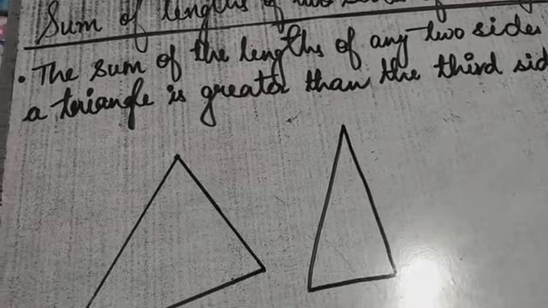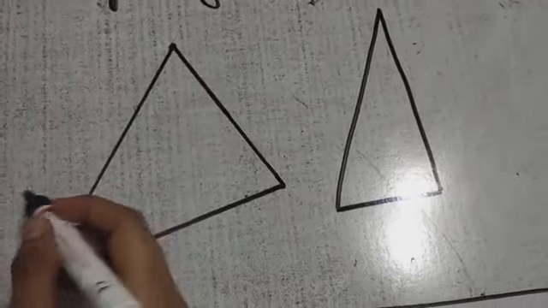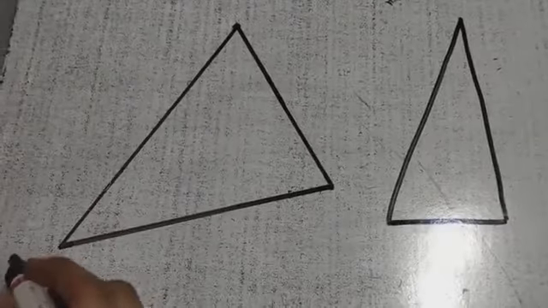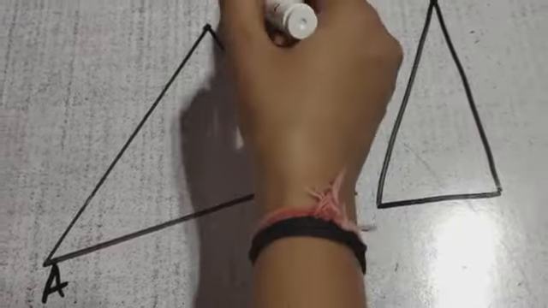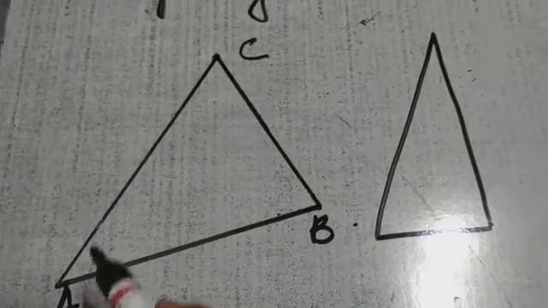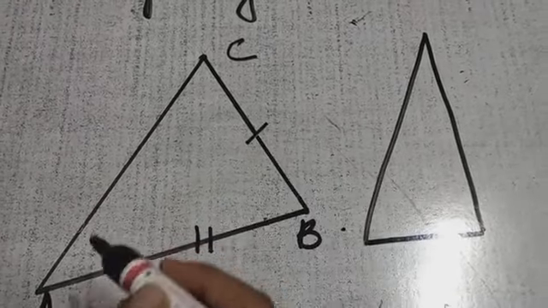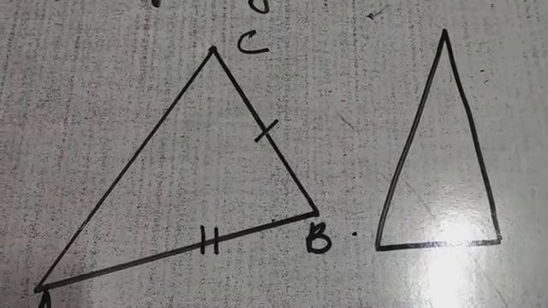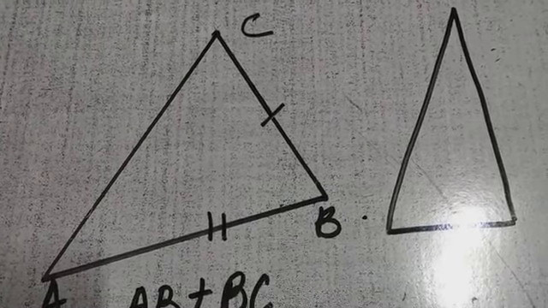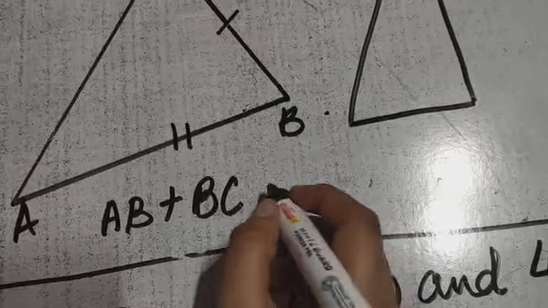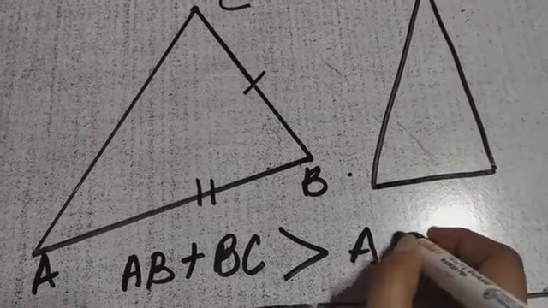So if we take this triangle as A, B and C, and we take this side and this side and add them, that is AB plus BC, this will be greater than side AC.